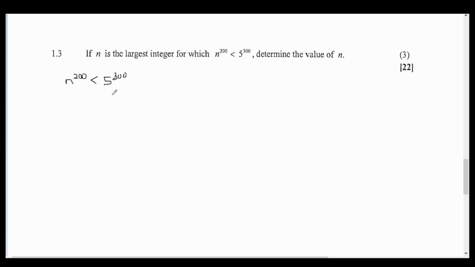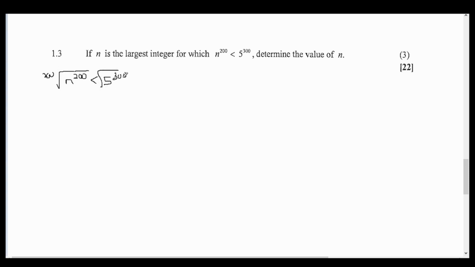Using our manipulation with exponents, you know how before we squared both sides, you can also square root both sides, but instead of the square root, we're going to use the 200th root on both sides. So instead of to the square, you're doing to the 200th, on both sides.